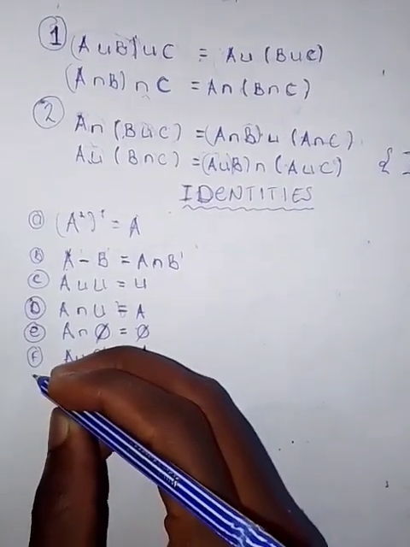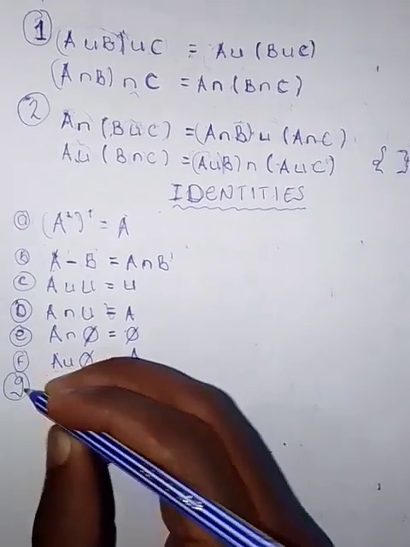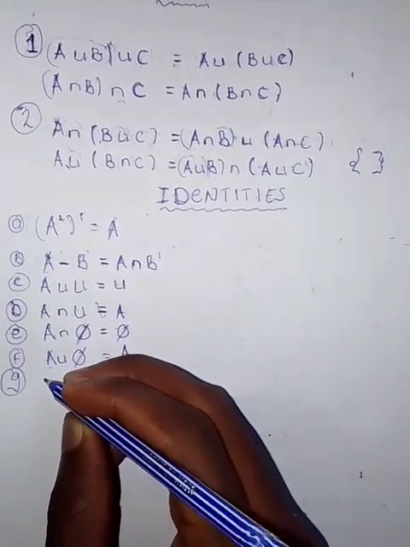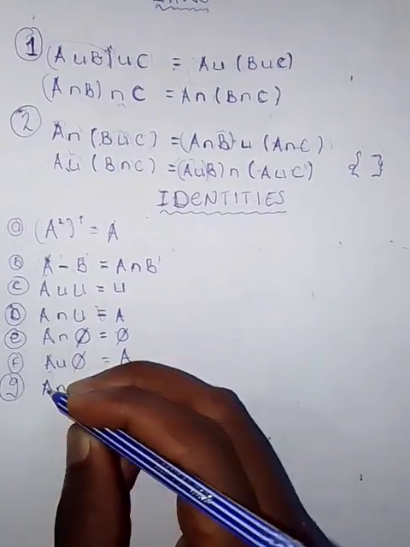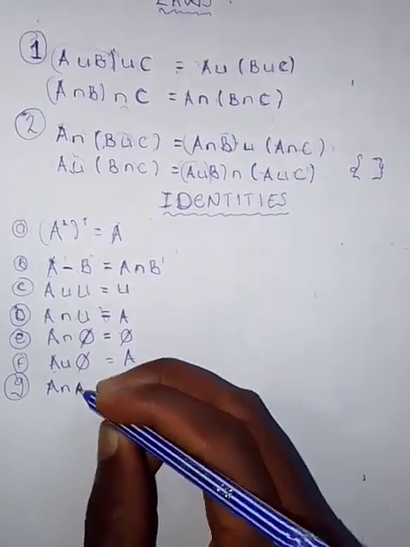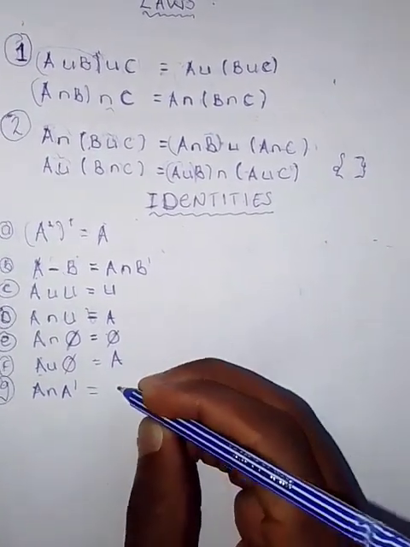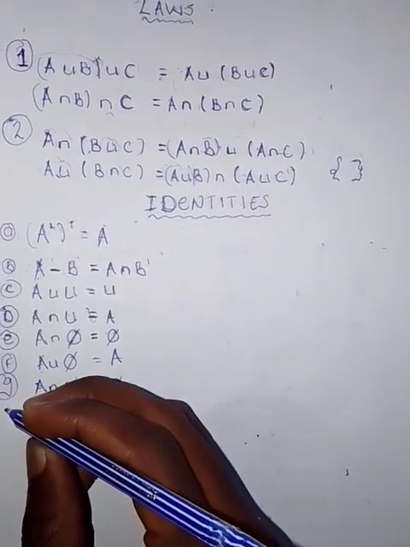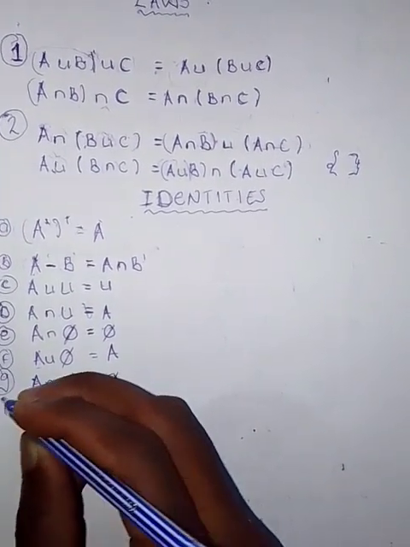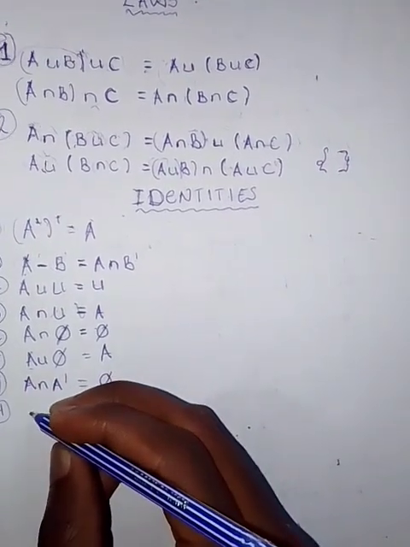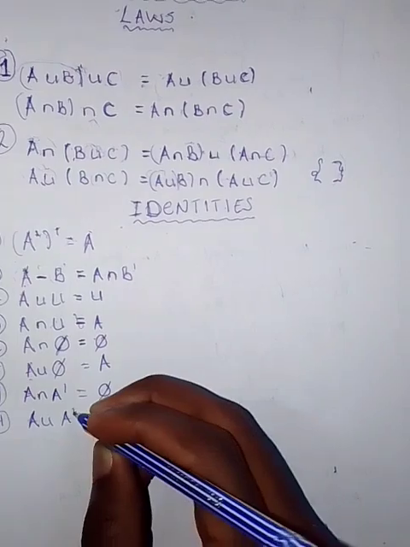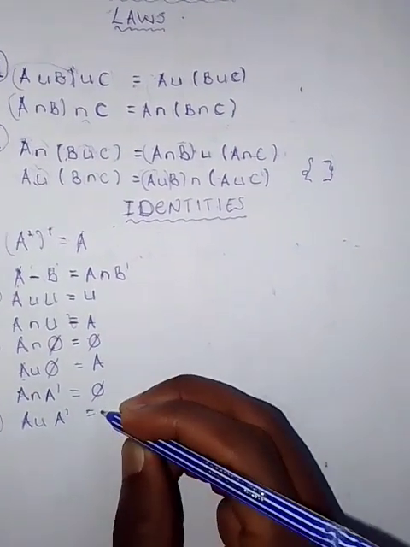For the other identity, it says that if you intersect a set with a complement of itself, you are going to get an empty set. And then H, if you unite a set with a complement of itself, you are going to get a universal set.